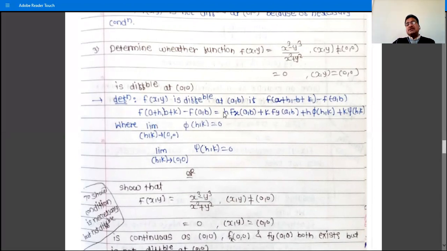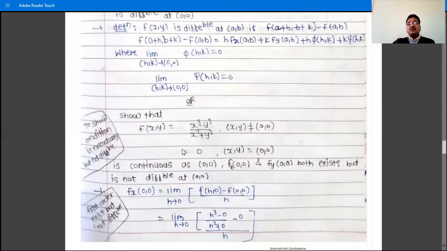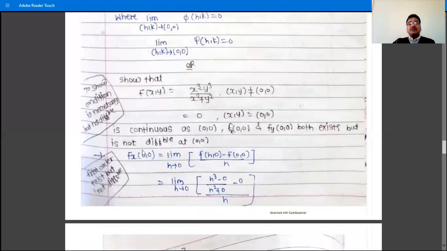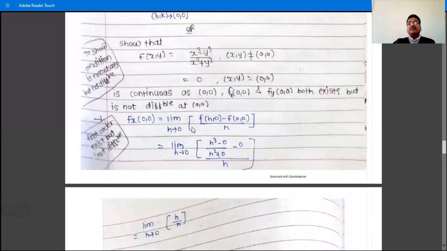If this is expressed in the form h·f_x(0,0) + k·f_y(0,0) + h·φ(h,k) + k·ψ(h,k), then we say the function is differentiable at (0,0). So first we will find f_x(0,0) and f_y(0,0).